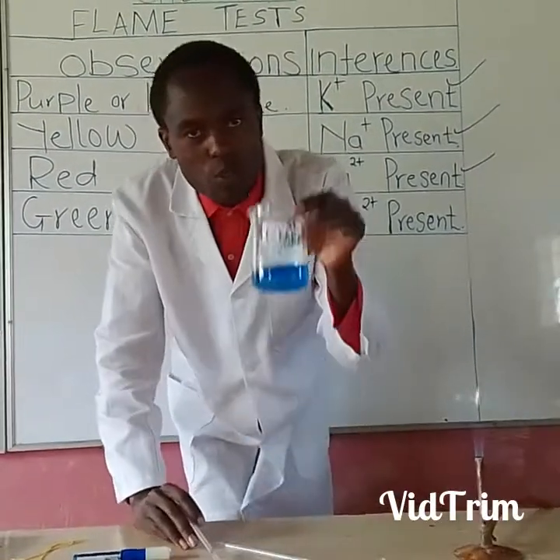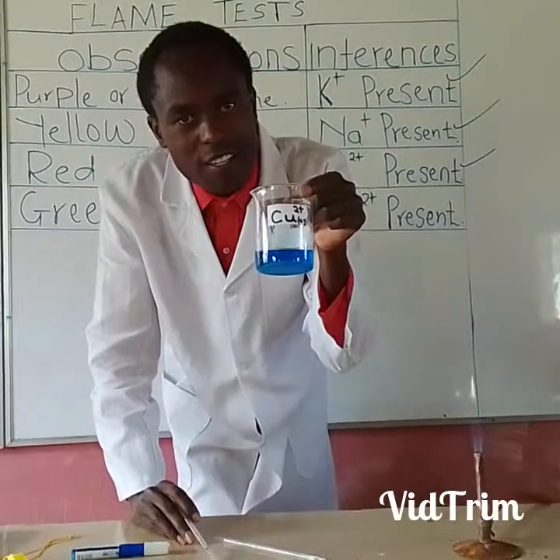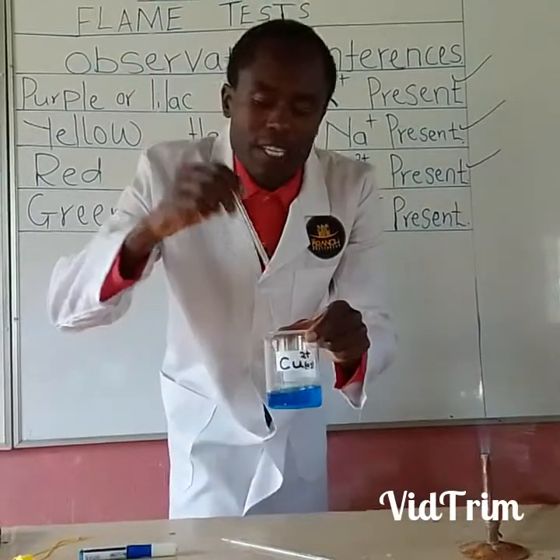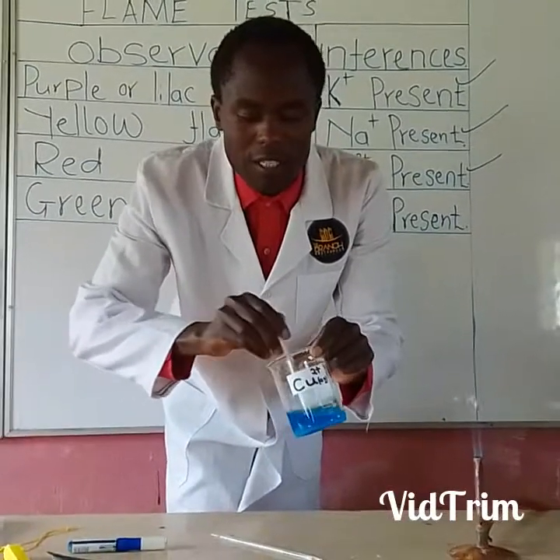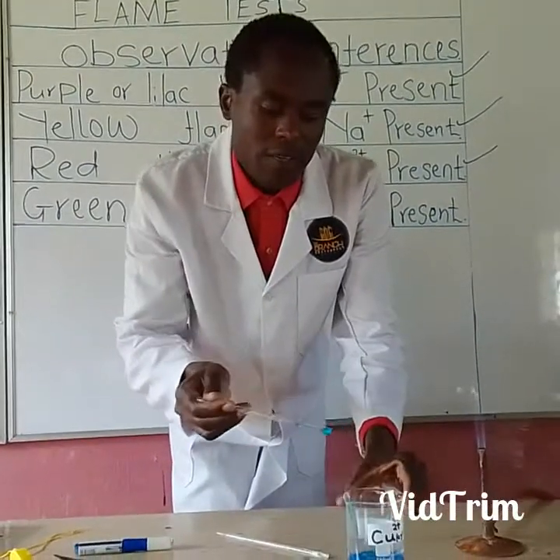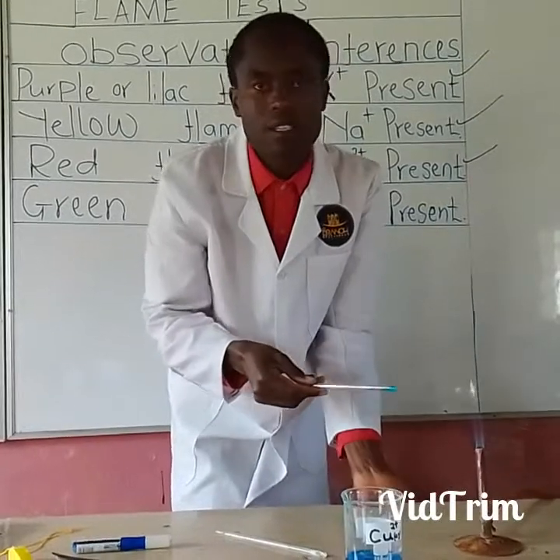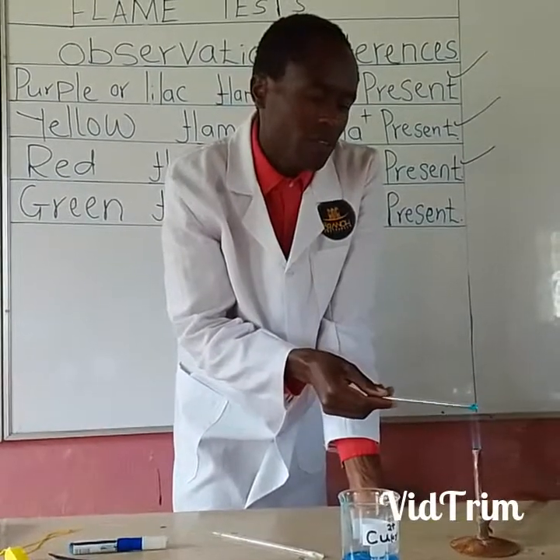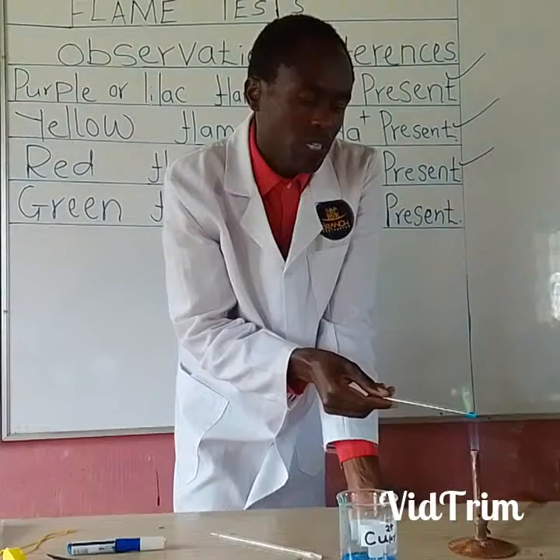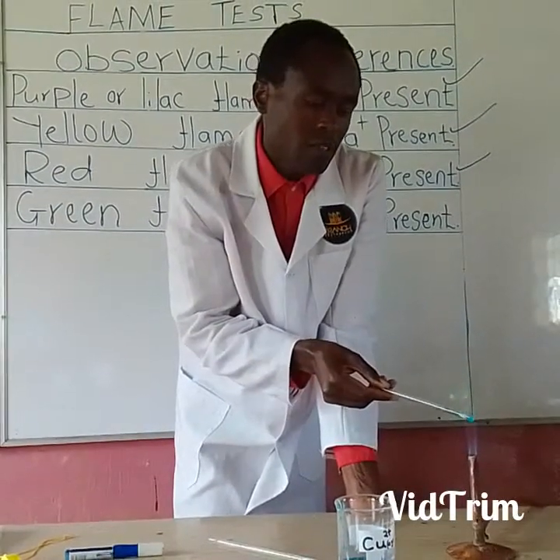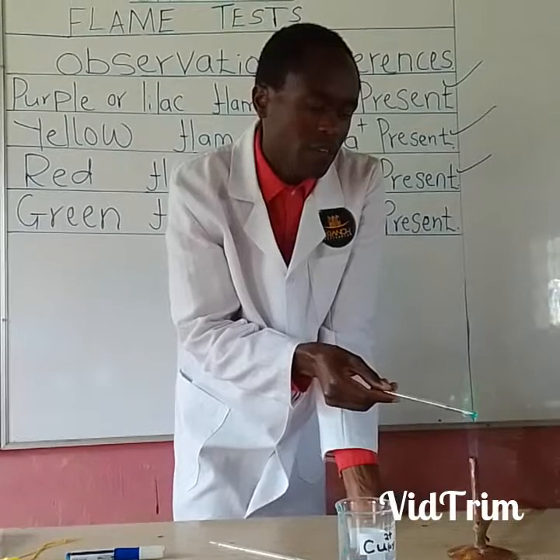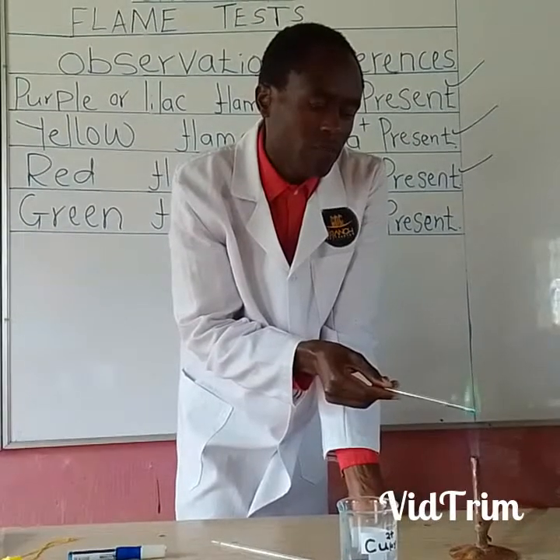Then I take a solution containing copper 2 ions and dip in this clean glass rod like this. Thereafter, I hit on the flame and observe the color of the flame. We expect to see a green flame. So let us observe and see.